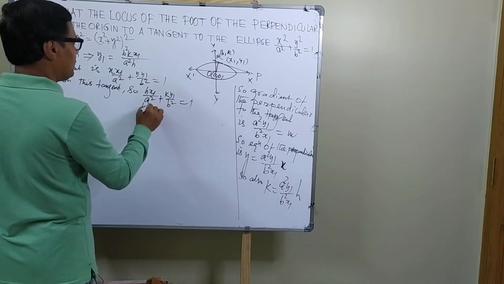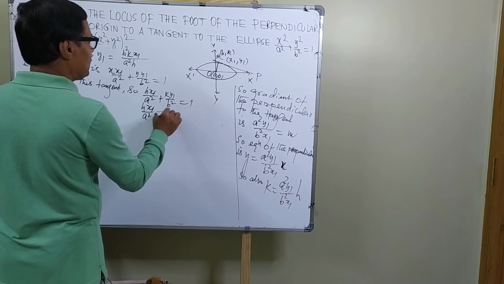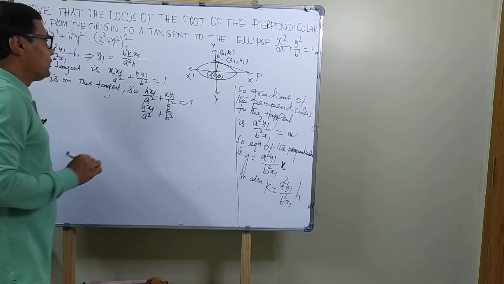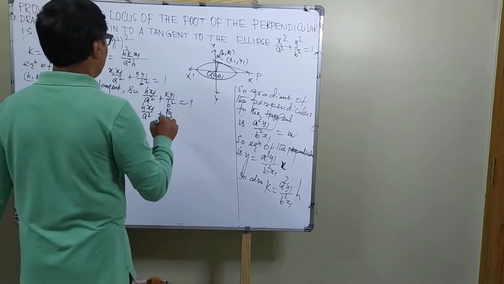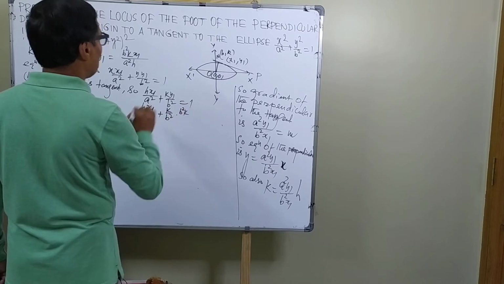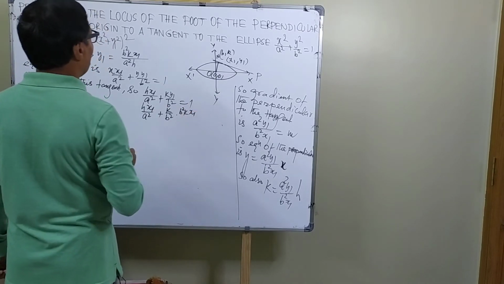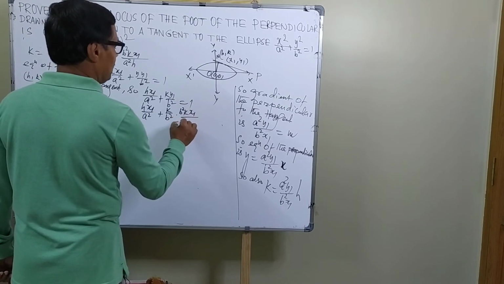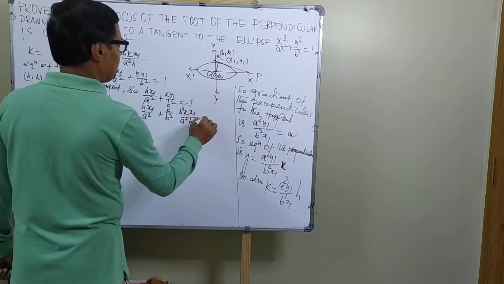So h x1 over a square plus k over b square multiplied by y1. The value of y1 is this, that is b square k x1 over a square h, equal to 1.